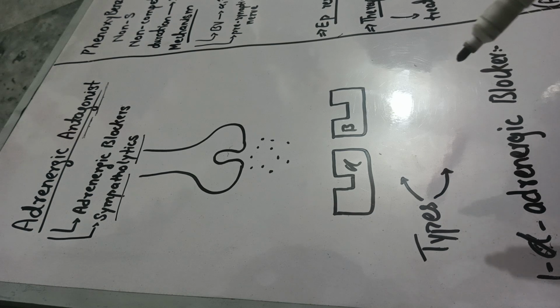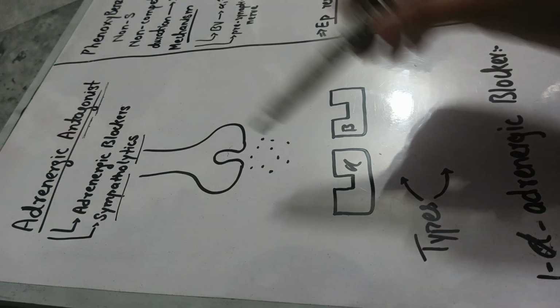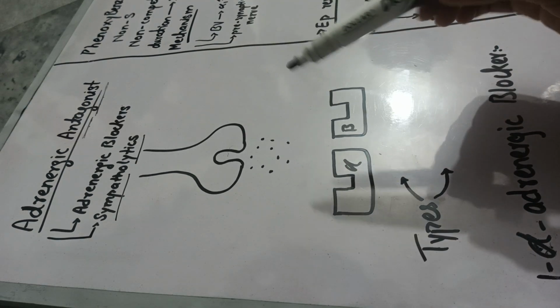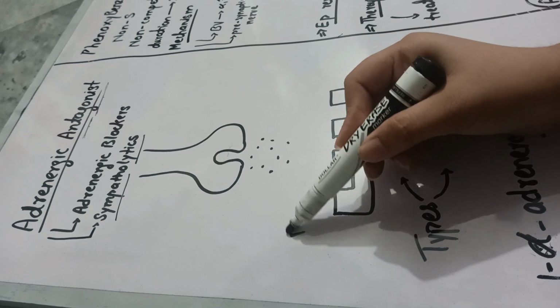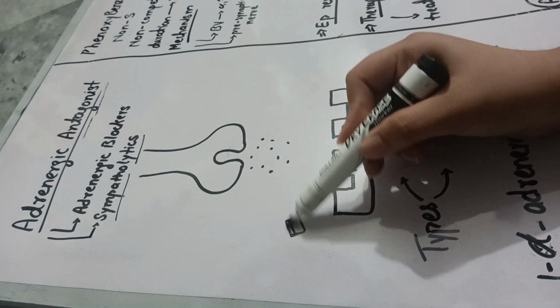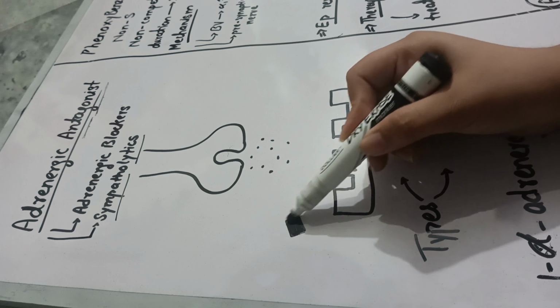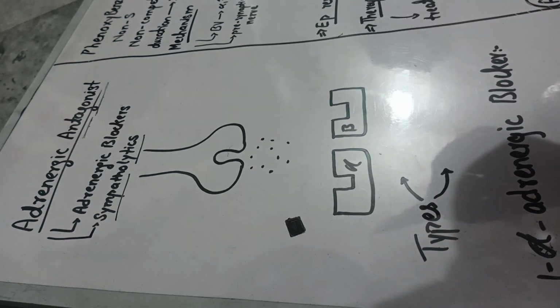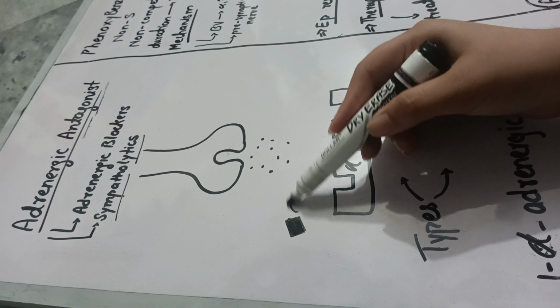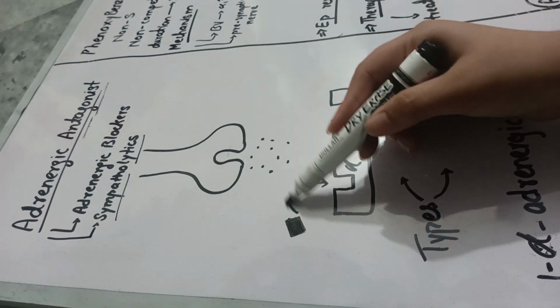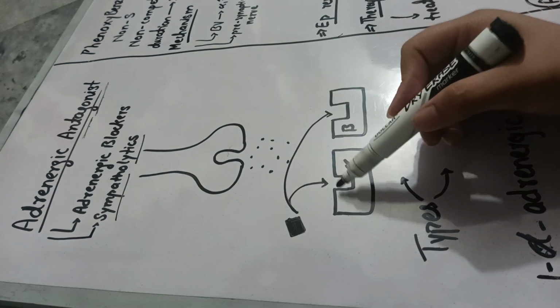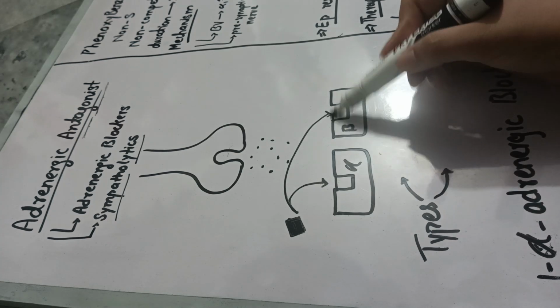Now what is going to happen when we give the patient an antagonist? So here is this antagonist. What is the function of this antagonist? Actually, it is blocking the alpha and beta receptors. It will bind with both of these receptors and block them.